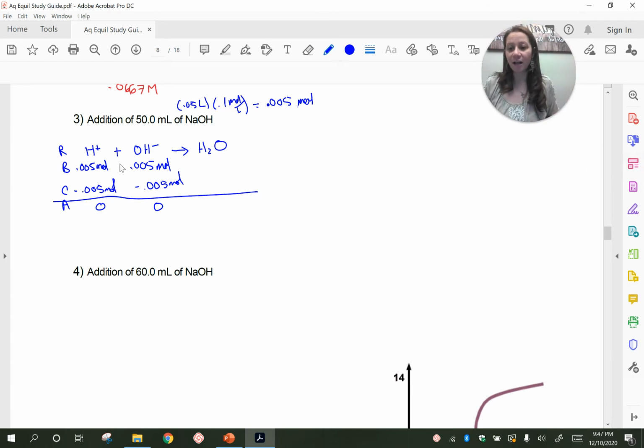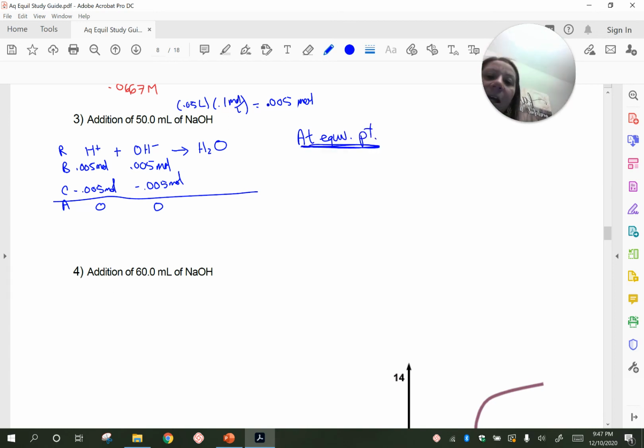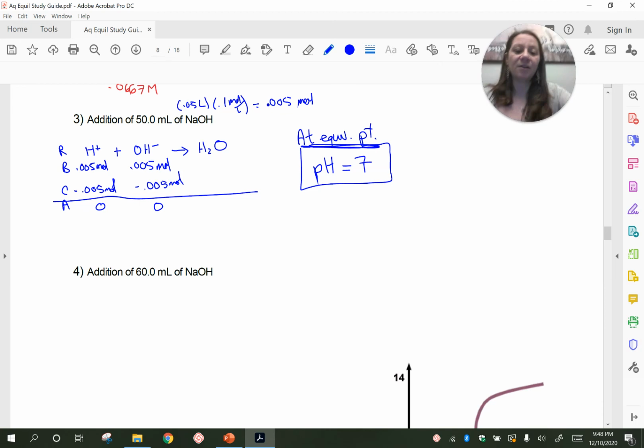When your acid and your base are both completely used up, you don't have a limiting reactant, this is your equivalence point. We are at the equivalence point. And because this is a strong acid, strong base, my pH is equal to 7. It is only equal to 7 at the equivalence point of a strong acid and a strong base. Why? Because what you're left with is just water.